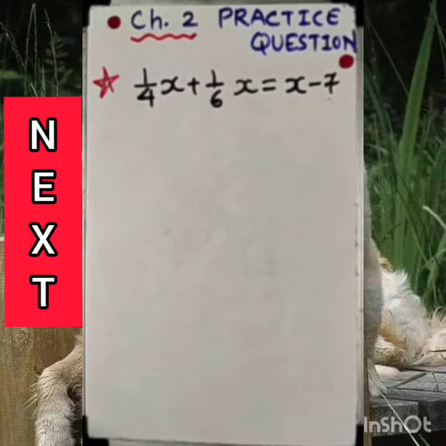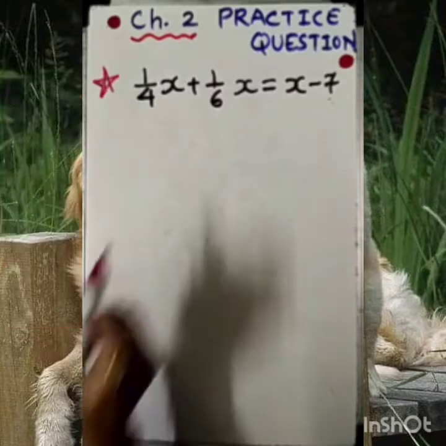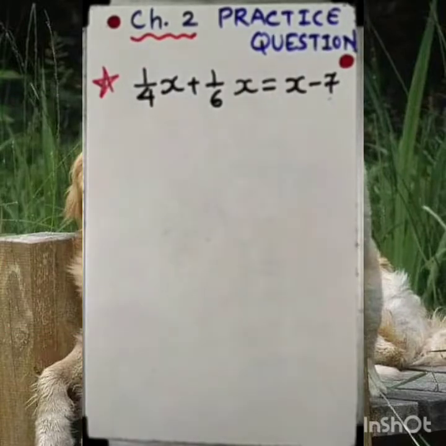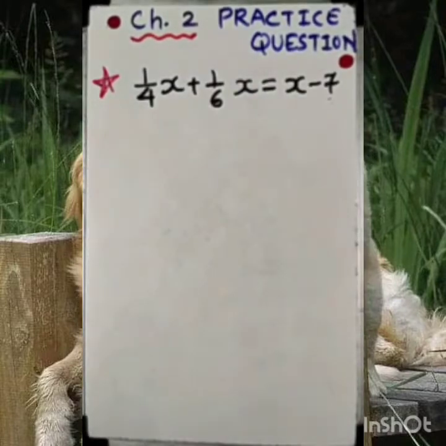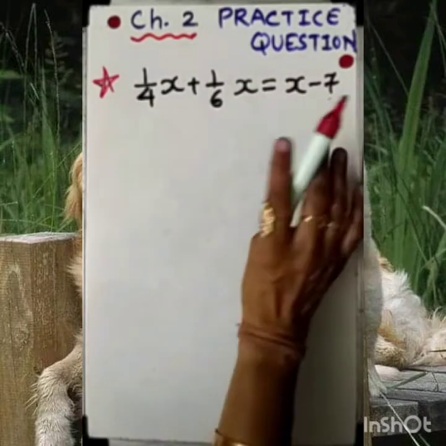So my dear student, the next is (1/4)x + (1/6)x = x - 7. This is the question. All the way here you can see x is there. So there are two options. Either we can bring this x to the left side, so it becomes minus x, and let the 7 be over there.